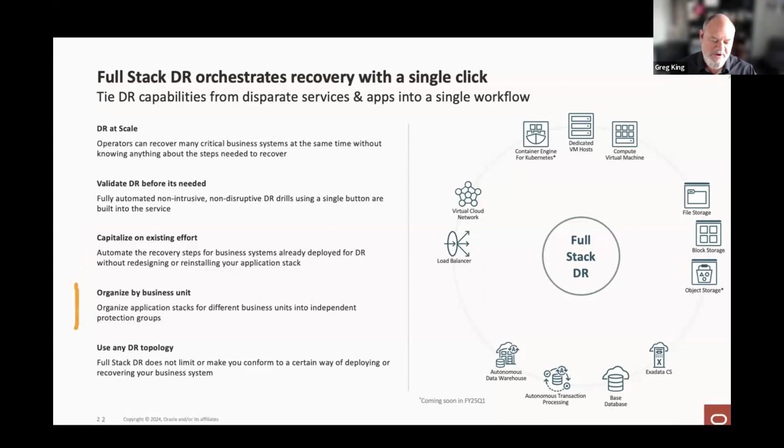One application stack can be in region number 1 as the primary, and another one can be in region number 2 as primary. So a particular region doesn't have to be the DR region and the other region the production region, right? Because both regions can fulfill both roles. So the role of primary and standby is really a function of these DR protection groups, which you'll see in a moment.